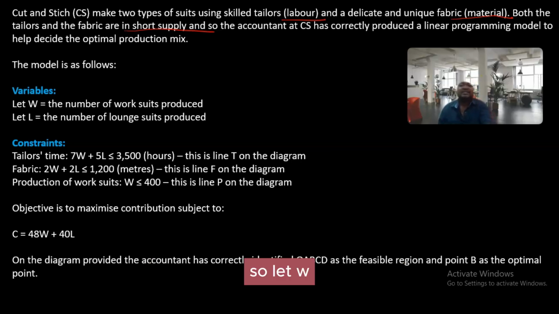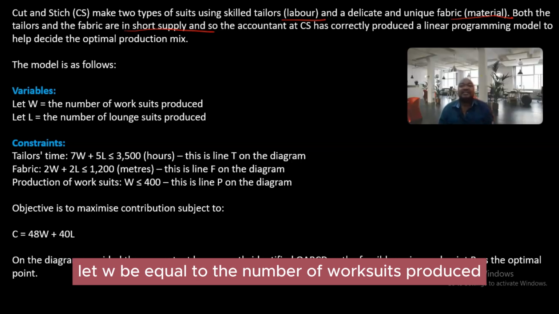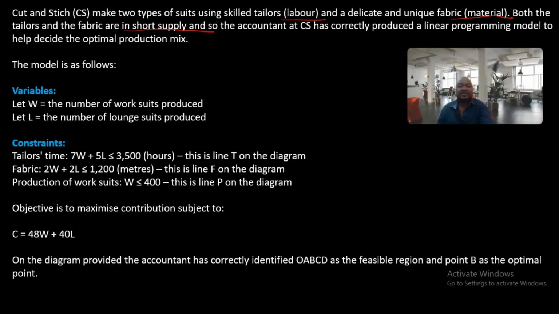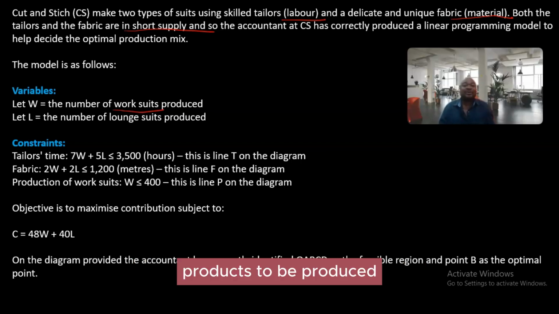So let W in the linear program be equal to the number of work suits produced. W will represent the quantities of products to be produced, and in this case, these are the work suits.